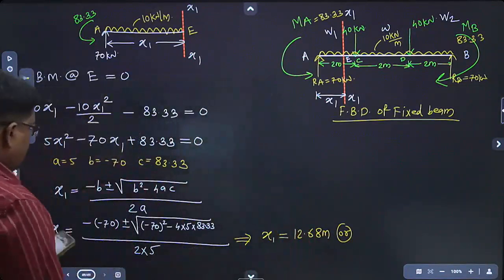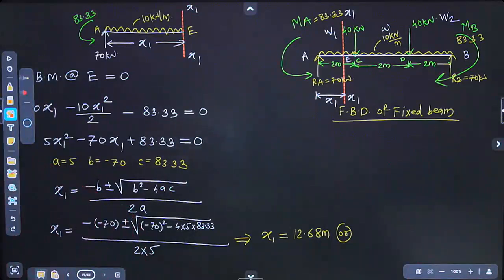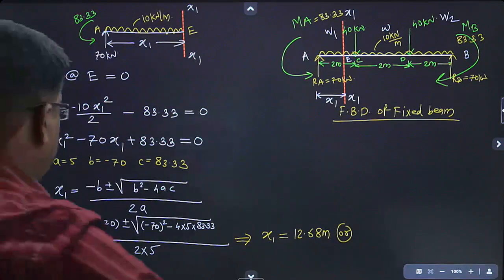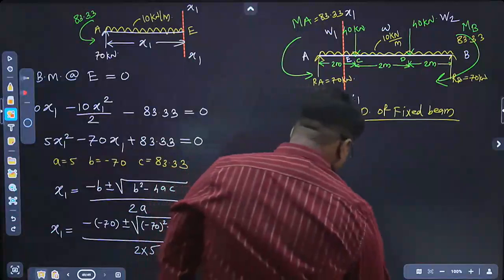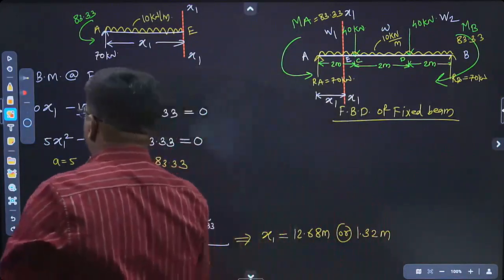If you put minus instead of plus, you will get another answer of x1, that is 1.31. Yes, that is the correct answer. 1.31 or 1.32 meter. So which one we have to consider?